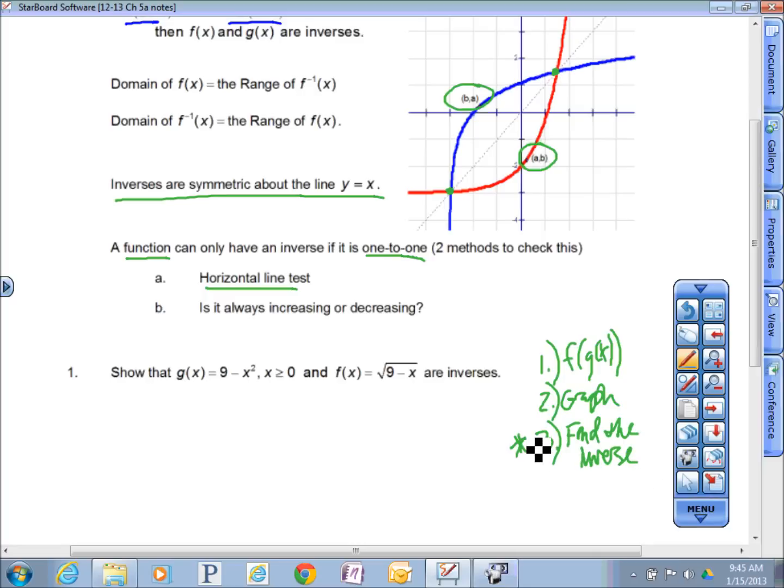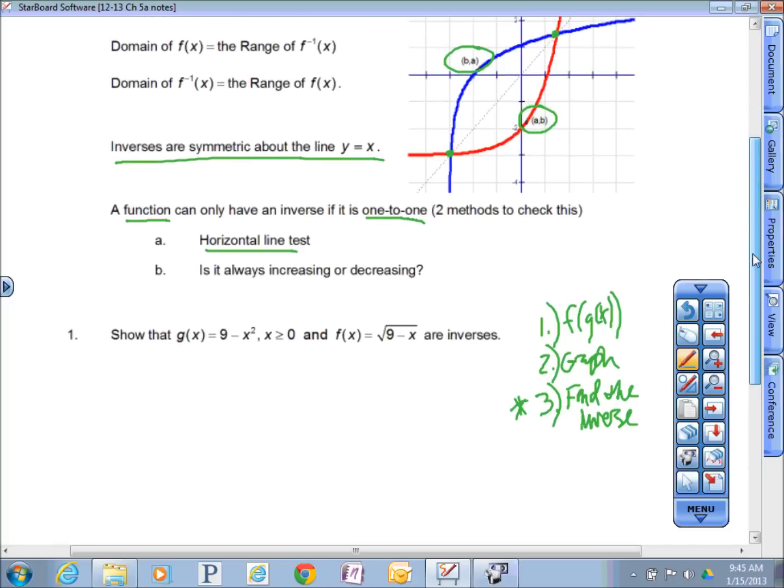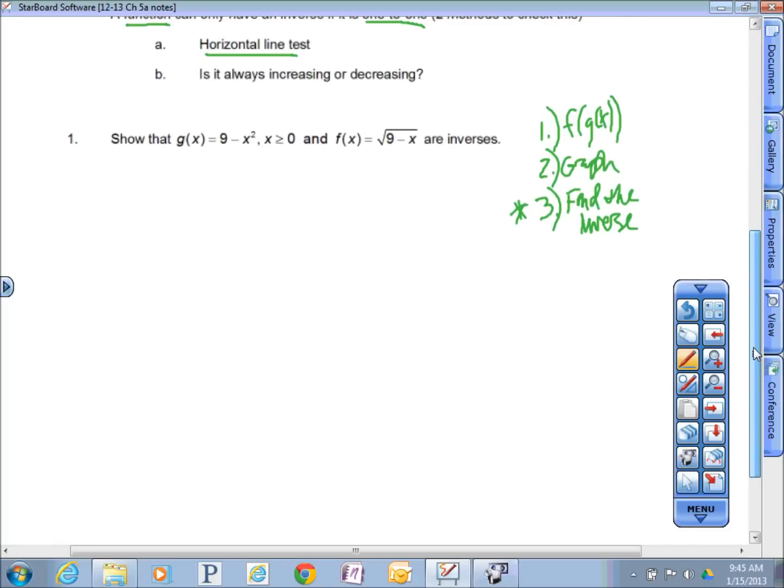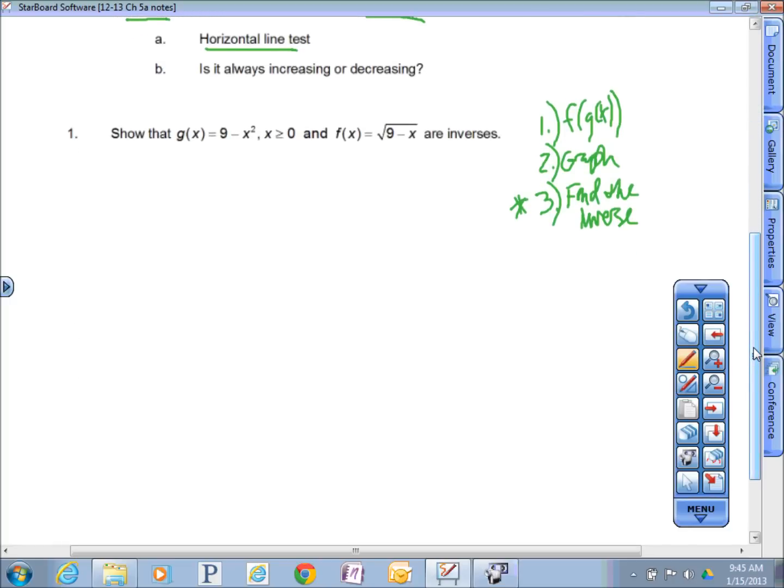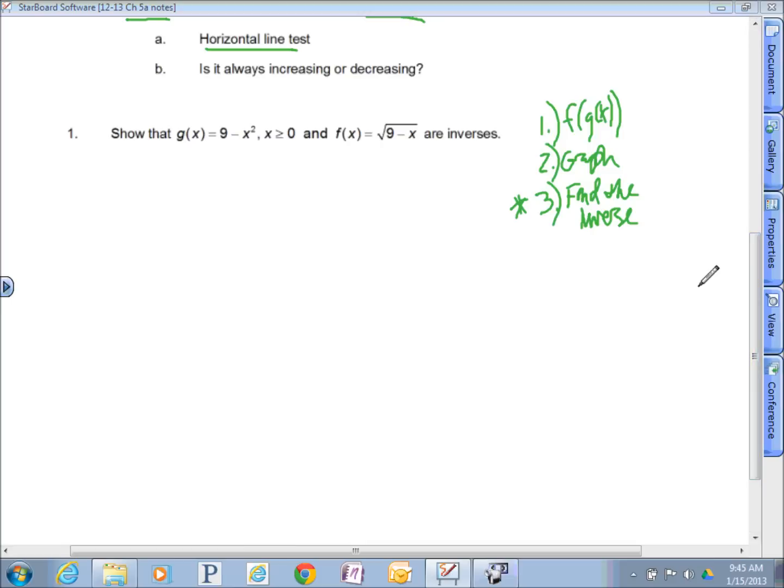So I'm going to start by finding an inverse. Just as a quick review, remember, in order to find an inverse, you've really got 3 steps going on. Step 1, swap your variables.